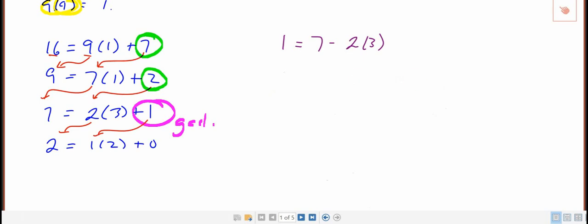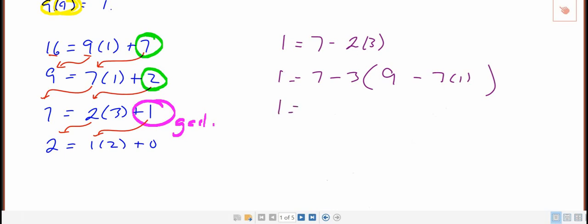7 minus 2 times 3. Now let me make sure I did all that. Okay. All right, so 1 is 7 minus 2 times 3. Now the 2, 9 minus 7 times 1.